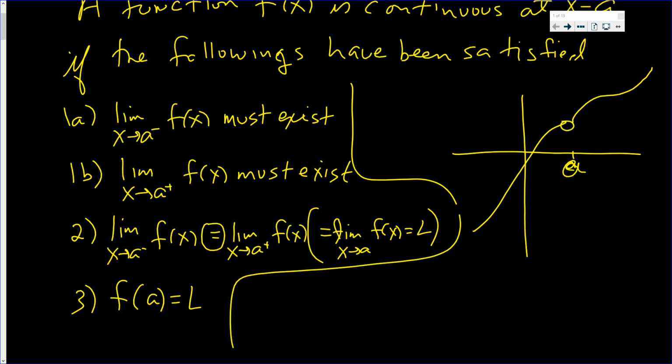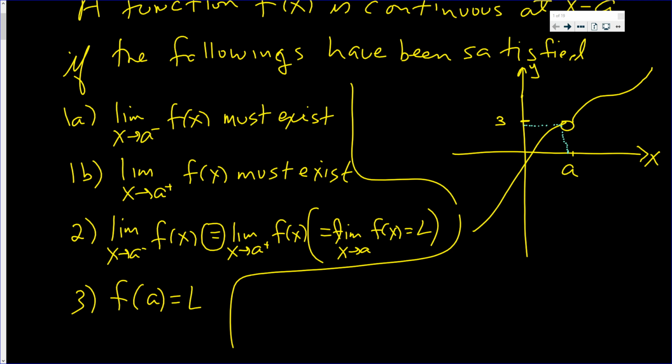Let's suppose that point is 3. The limit 1a, the limit from the left, exists, because when I'm a little bit less than a, I'm getting closer and closer to 3.